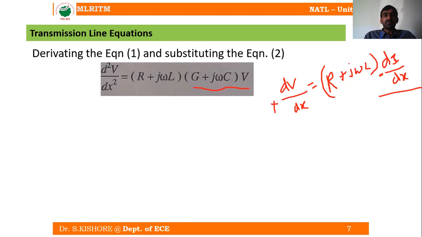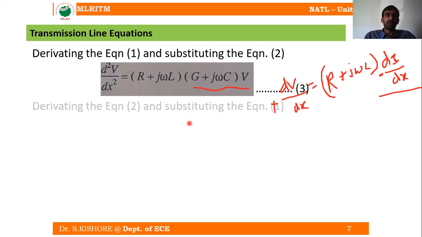Let us name this equation as equation number 3. Similarly, differentiate equation number 2 and substitute equation number 1. What is equation number 2? Minus di by dx is equal to g plus j omega c into v. And what is equation number 1?